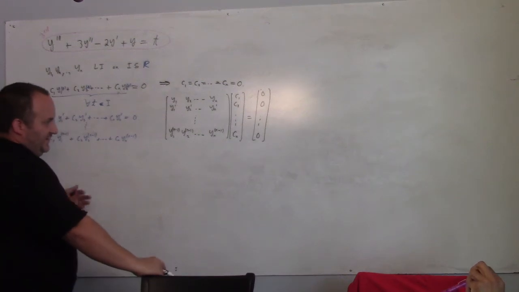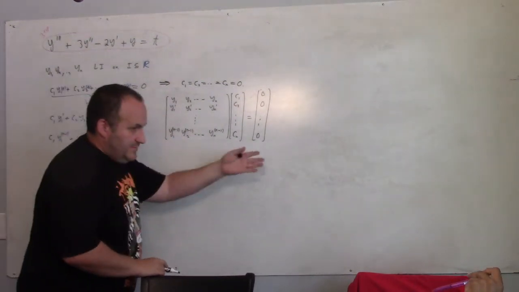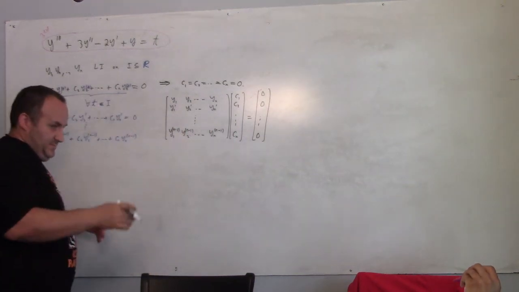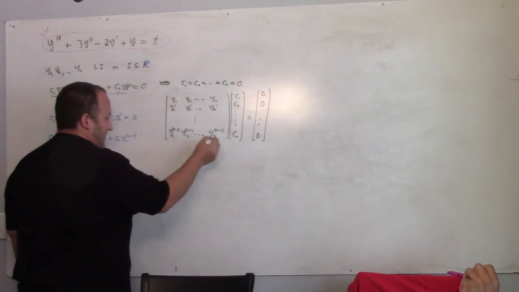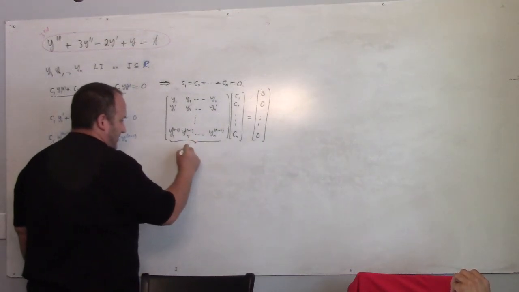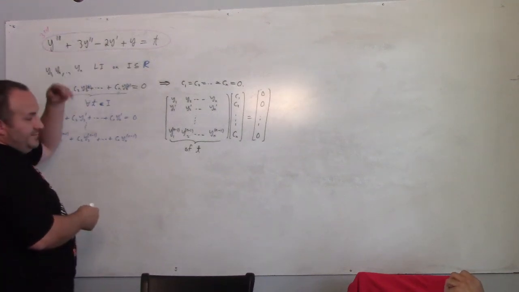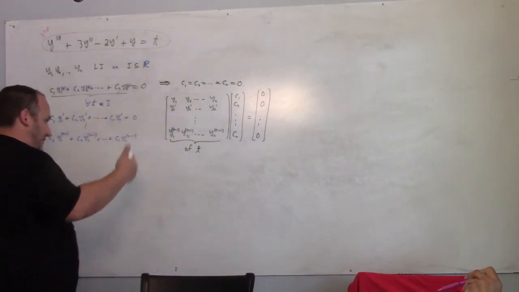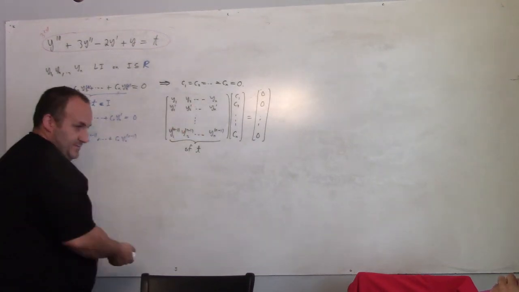What does linear algebra say? You've got a homogeneous equation. Fix any t. Technically this is a function of t. So for any choice of t in I where you can differentiate and form this matrix, the only solution to this homogeneous problem is c equal to 0.